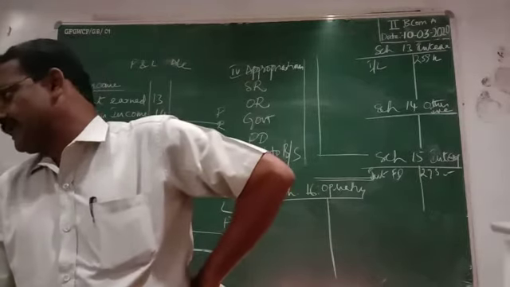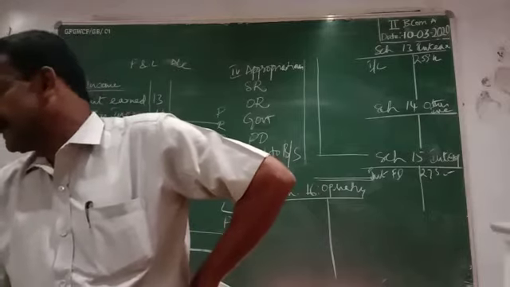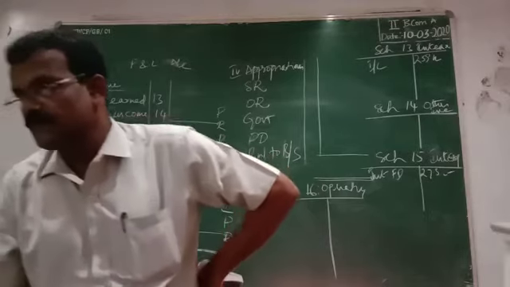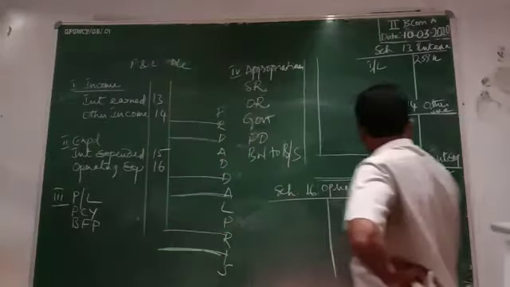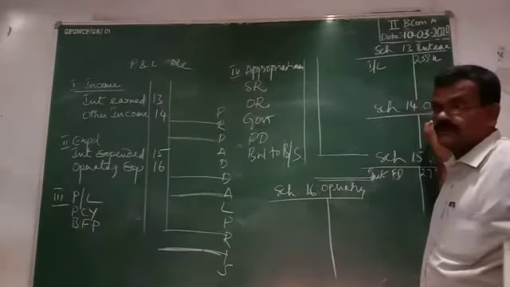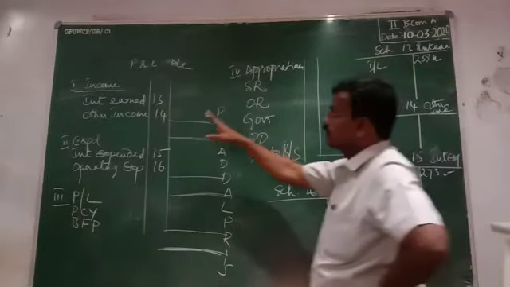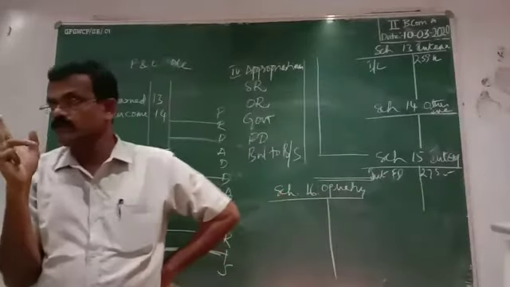So is commission debit or credit? We have to assume that commission is a credit balance, hence it is income. Schedule number 14, other income.